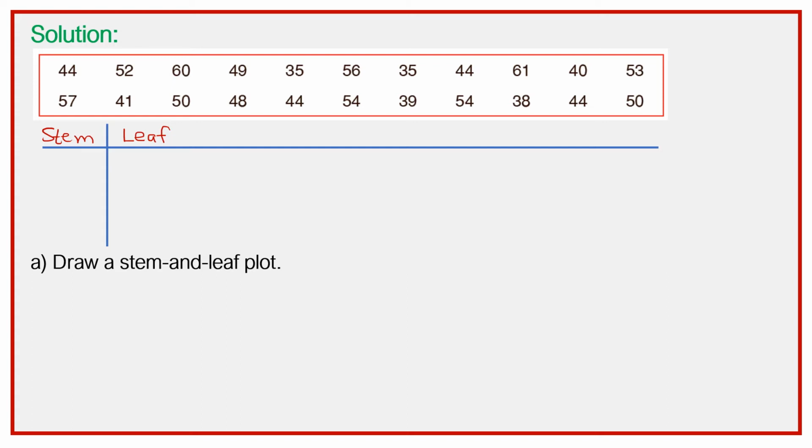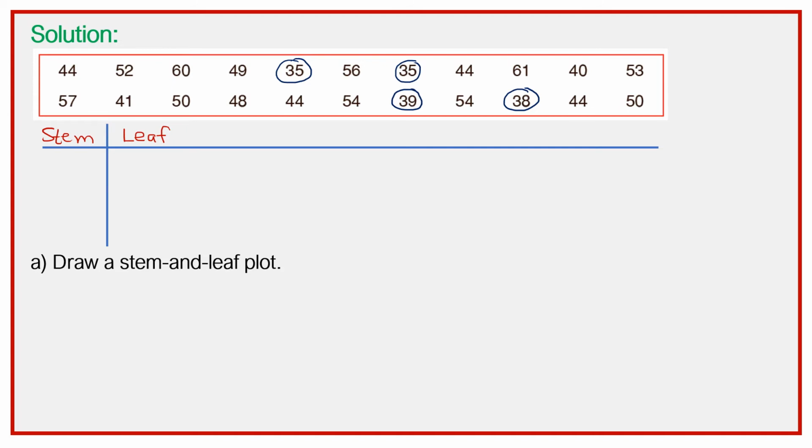Now, according to this, the smallest data point is 35. So another one, we get another 35. The next one will be 38. Then another one we will have 39.